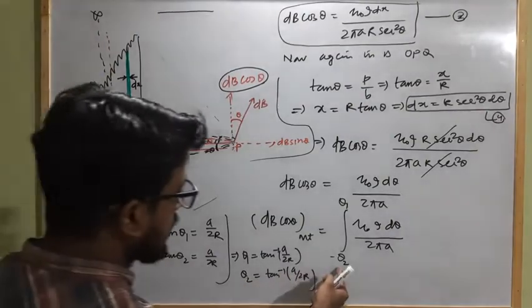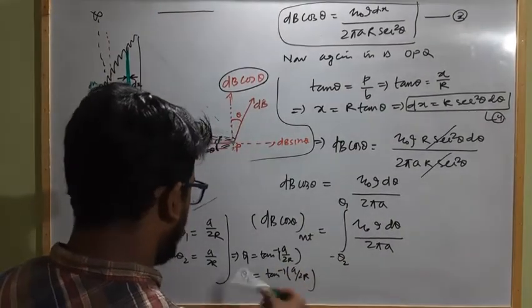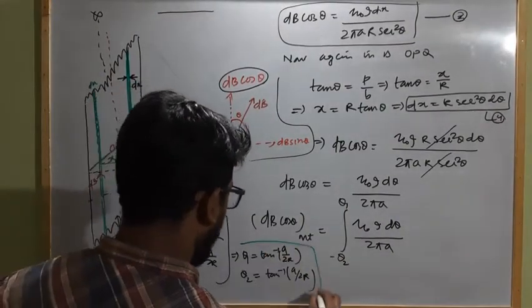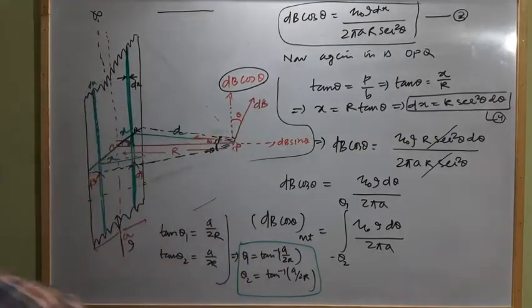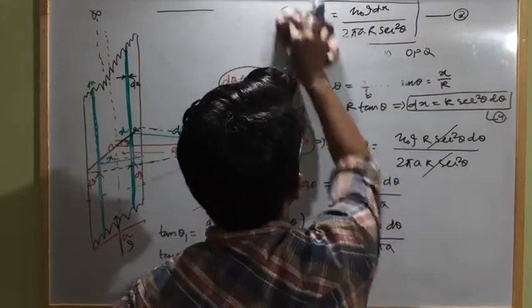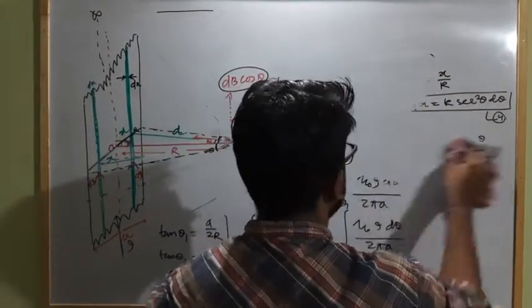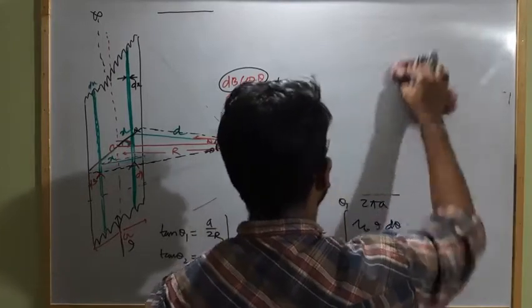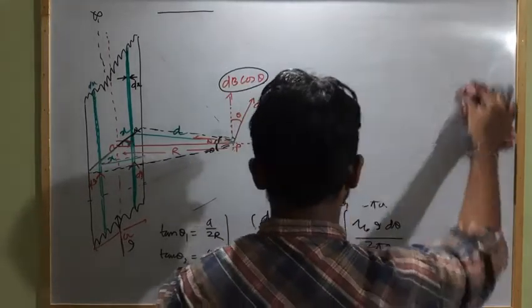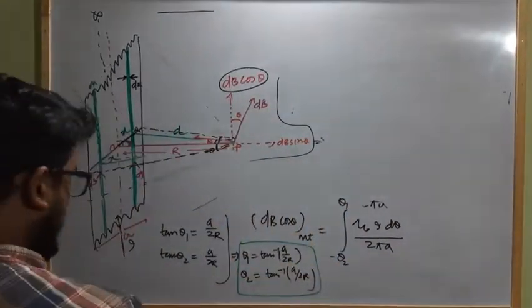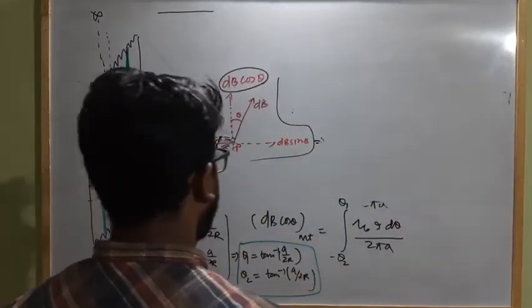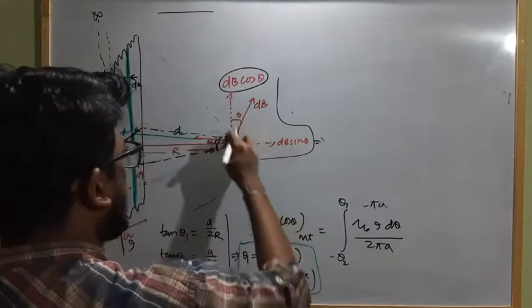So now replacing theta 2 and theta 1 from this equation, we will get dB cos theta net, which can be written simply as B net.